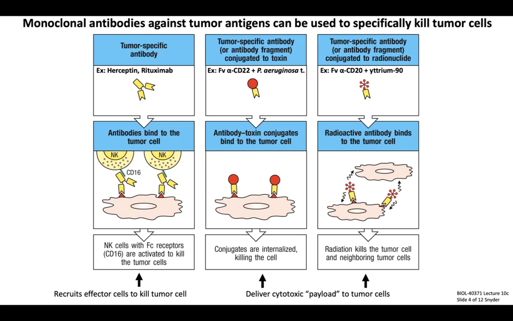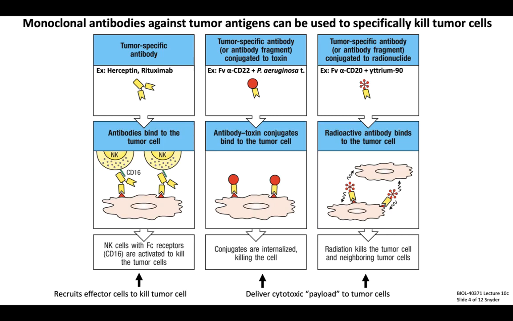The advantage of using these FAB fragments instead of whole antibodies is that since the fragments are smaller, they are better at penetrating into a tumor mass and then being taken up by tumor cells. The cytotoxic molecules linked to an antibody fragment in these situations include bacterial toxins, chemotherapy agents, or radioisotopes, all of which function by killing the tumor cell that's bound to the FAB fragment. The middle and right panels of this figure show a few different examples of antibody-drug conjugates.